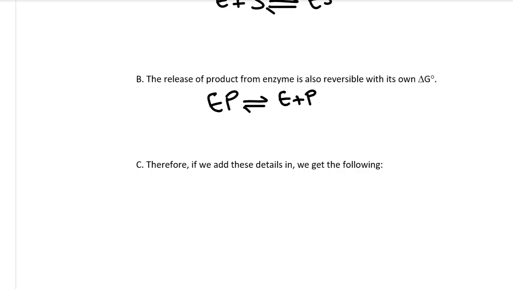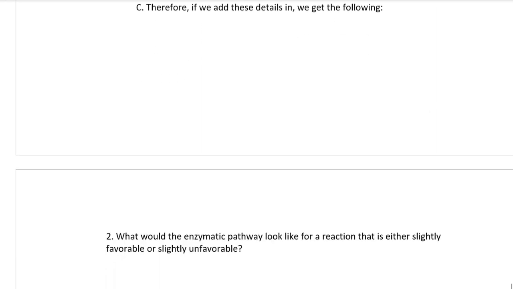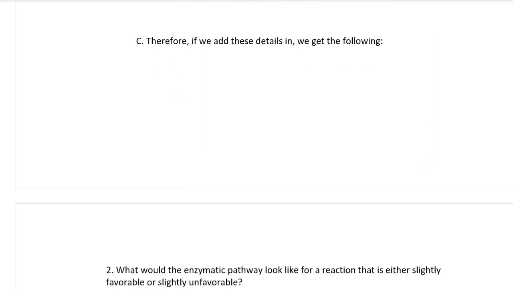So if we add these details in, we get the following. We've done this before, but we're going to do it again. E plus S gives us ES. And since this is a very favorable reaction, we're going to have a single arrow for the transformation to product.